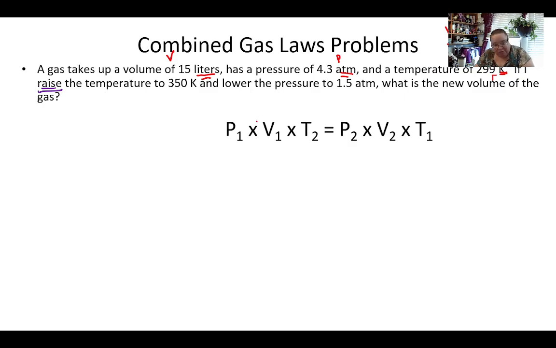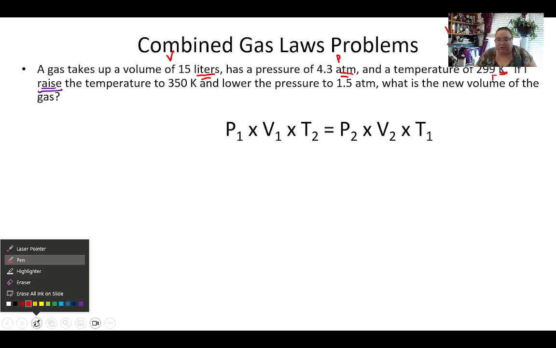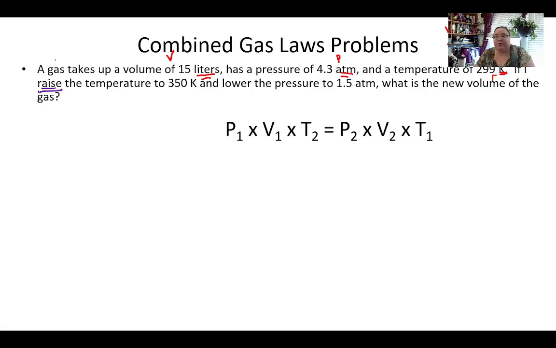Now, the way I know if it's a P1 or a P2, is it initial or final, is the extra words. So that raise the temperature is saying that, oh, this is my final temperature, so that has to be my T2. Which means all the other things that I've identified had to all be ones.